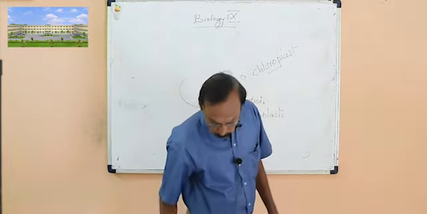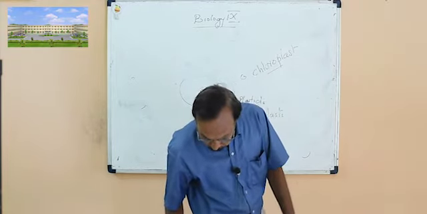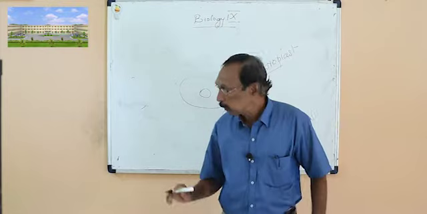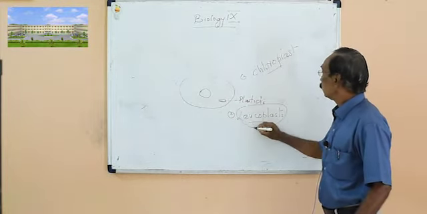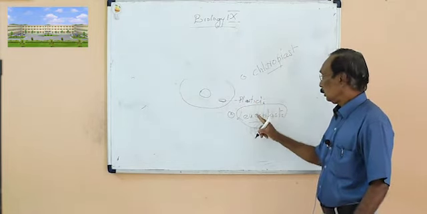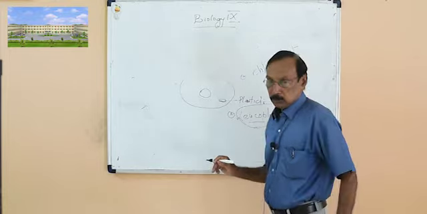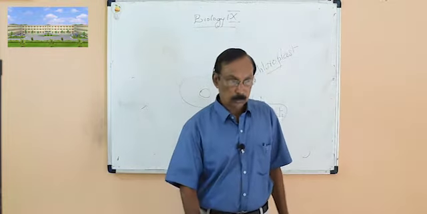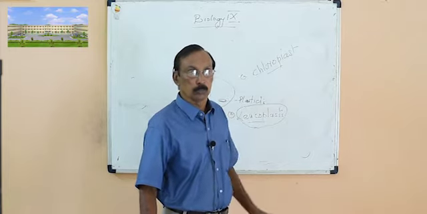It stores various food materials like starch, oils and proteins. Those plastids are called leucoplast. So plastid means the structure which contains chloroplast or other pigments.